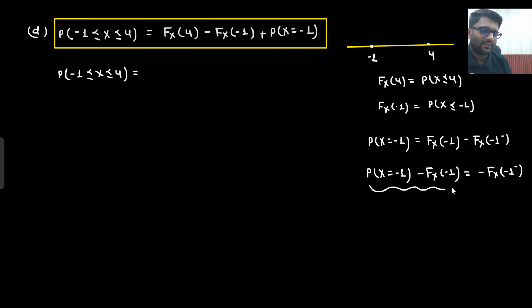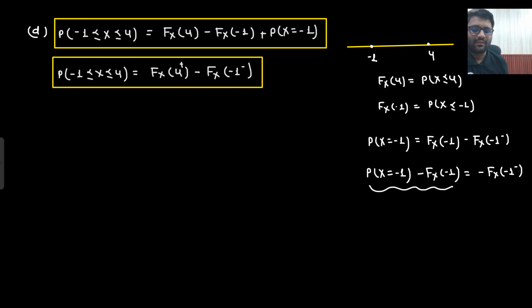So from here, what do you see? This is Fx of 4, and this is equal to Fx of minus 1 minus, right? And this 4 could be equal to 4 plus as well. So here if I am writing down minus, here I am writing down plus. So this could be the other option mentioned.